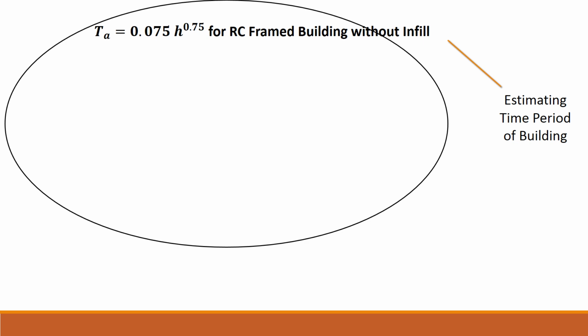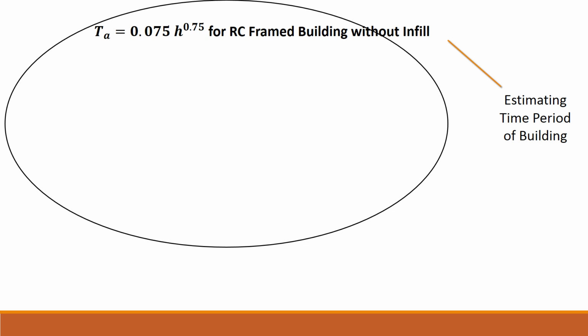Although these are approximate methods, they are quite simple. The first method, for the reinforced concrete frame buildings without infills, gives us that the time period is 0.075 into h raised to the power 0.75. Now, h here is the height of the building.